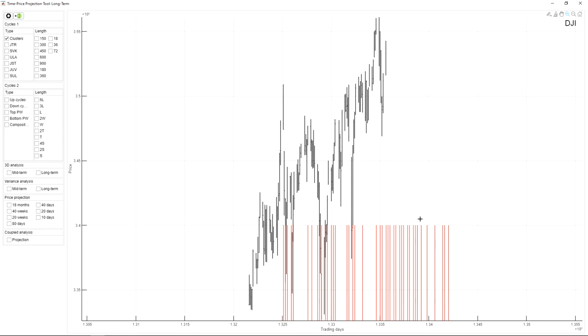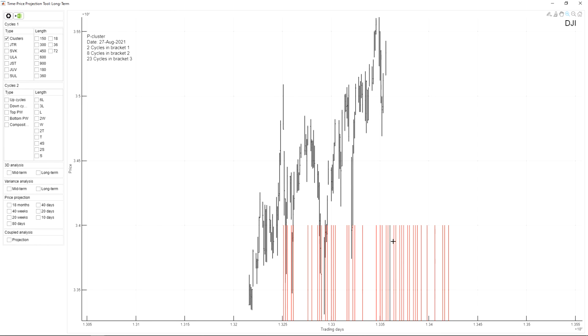One is arriving right now, let's say August 25th, plus or minus 2 trading days. It's right here. We have 3 clusters arriving right here. It is somewhat powerful, but not extremely powerful. But we should anticipate some sort of a turning point here.